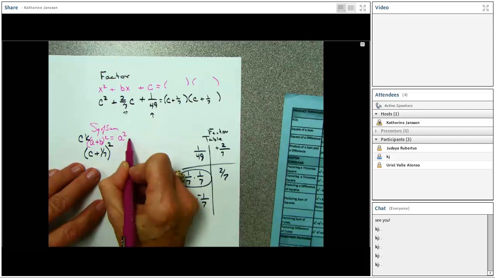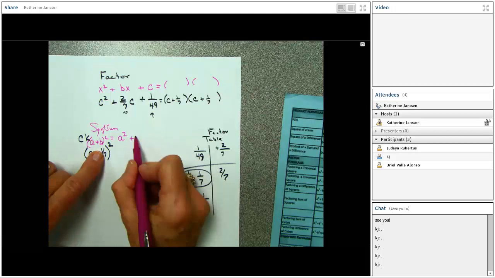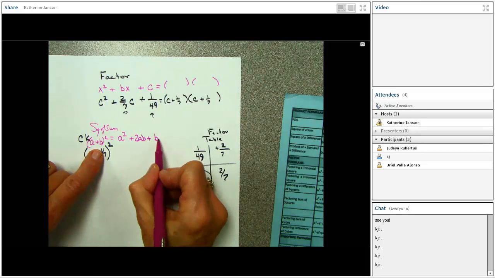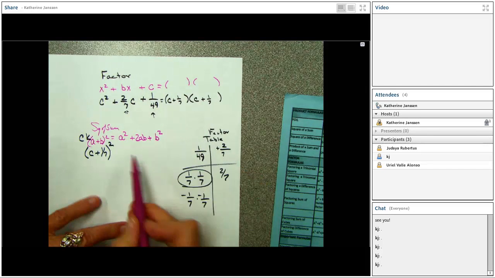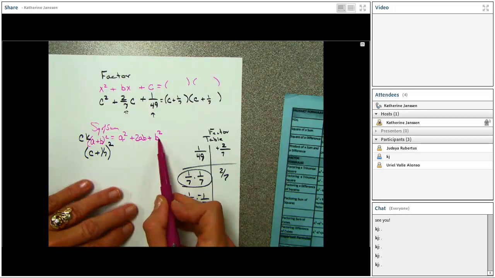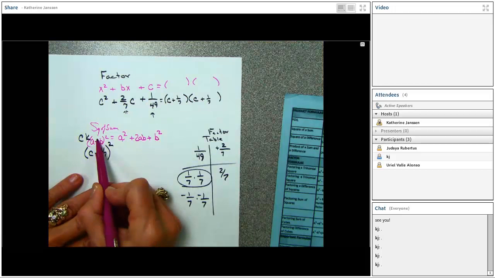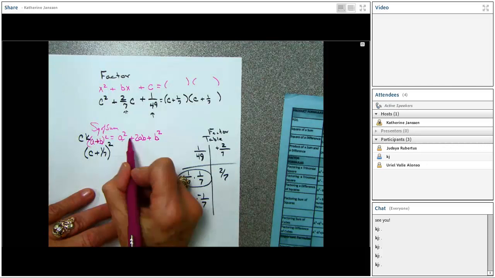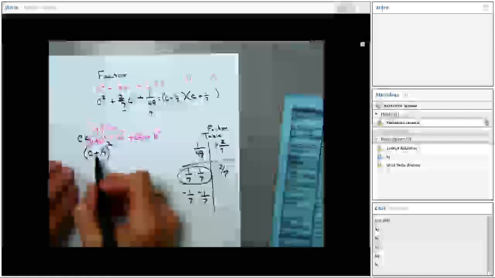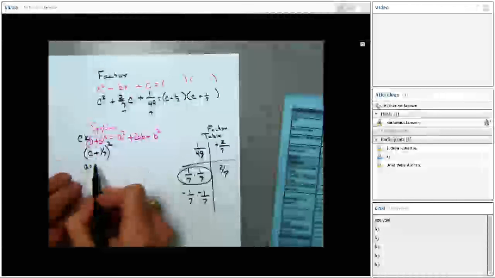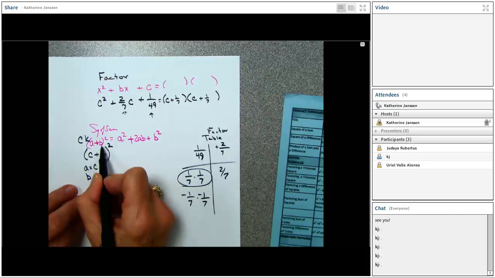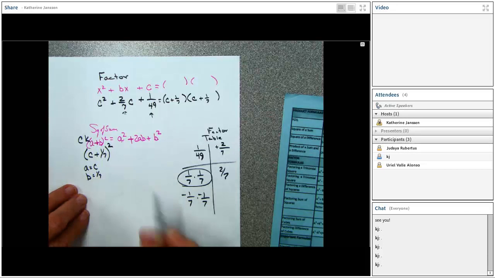Square the first term, plus we're going to collect two like middle terms, a times b, and square your last term. Squaring a number, it's always going to be positive, and we're adding two like positive middle terms, so your middle term is positive. A in this case happens to be C, and B in this case happens to be 1/7.